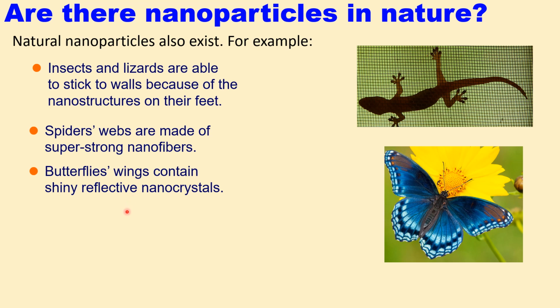Butterfly wings contain reflective nanocrystals, because these wings are just black and white, with no colors, but there are nanostructures, and when light falls on them, due to interference we can see different colors.